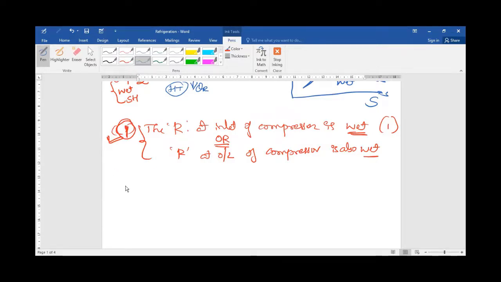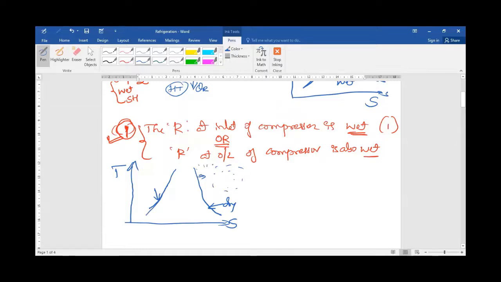So how do we plot the TS diagram first? Temperature versus entropy. This is the saturated liquid line, and this is the saturated vapor line. If the point lies here, you call it the liquid state. If the point lies here, you call it the dry state. If the point lies on the right-hand side of this curve, in this area, you call it the superheated state.